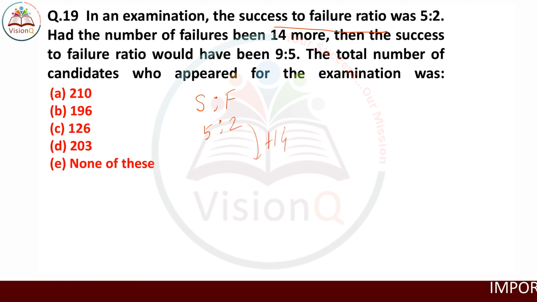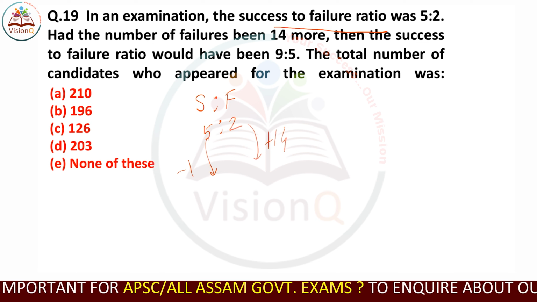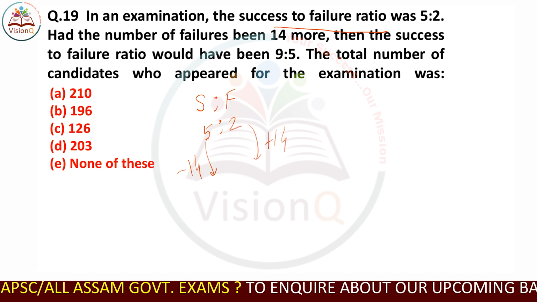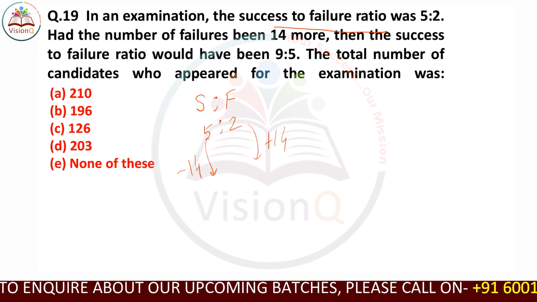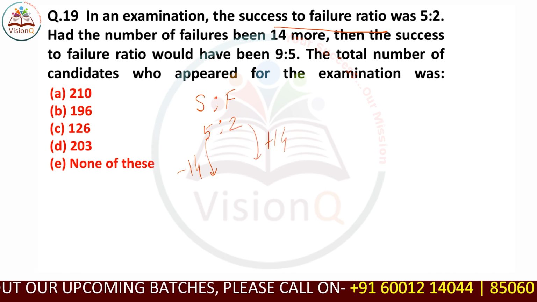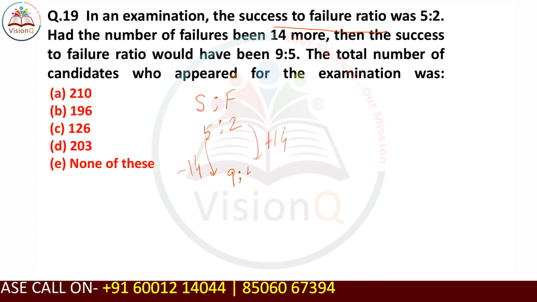Now see, if the number of failed students increases by 14, the number of pass students should decrease by 14, because the total is the same. Then the ratio becomes 9:5.